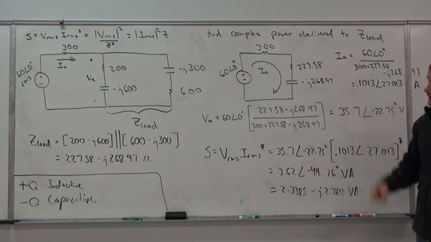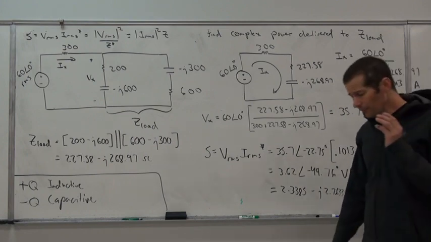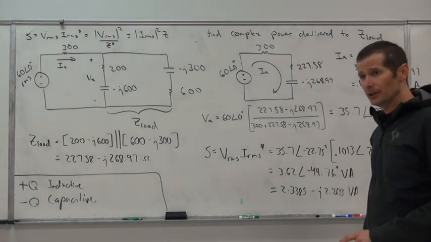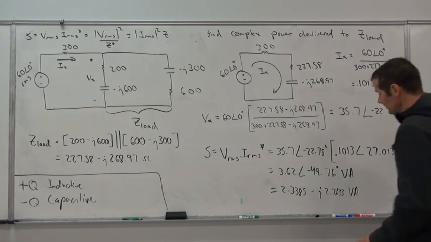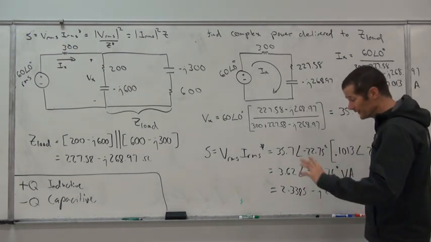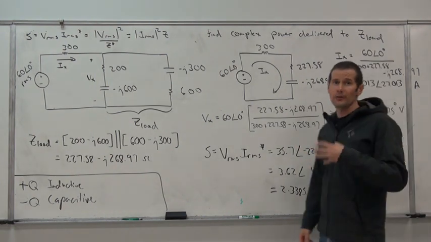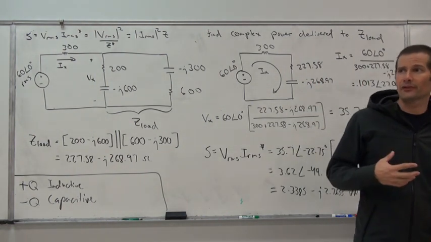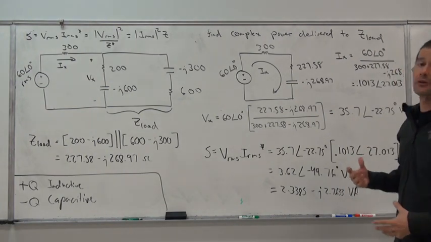Note though that once again we have a capacitive load, and with that capacitive load we see that we actually get a negative reactive power, and that's very, very unique to us because we can always determine what type of system that we actually have, even if we don't see the schematic.